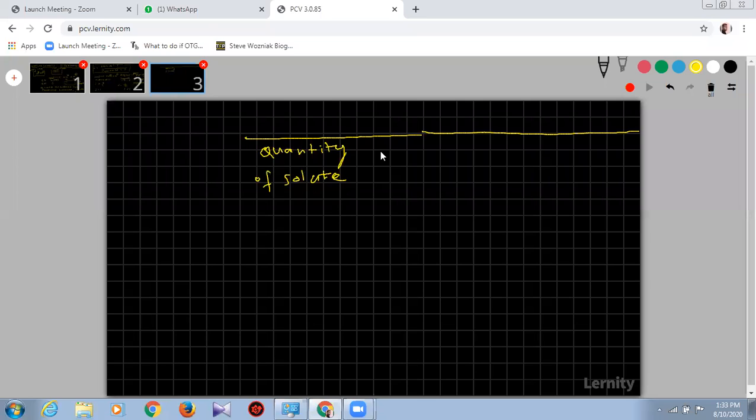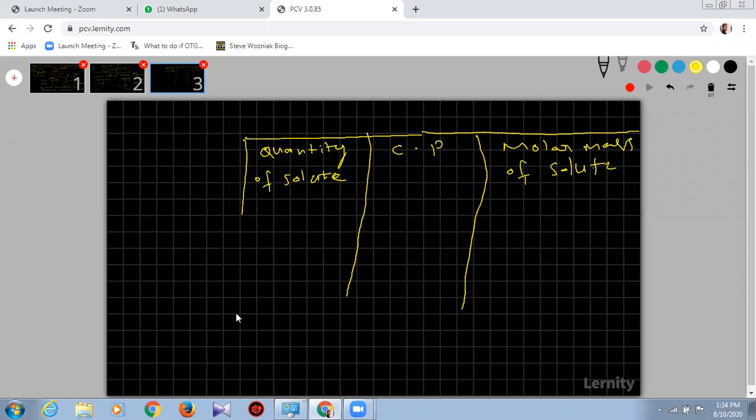Quantity of solute, colligative property, molar mass of solute.